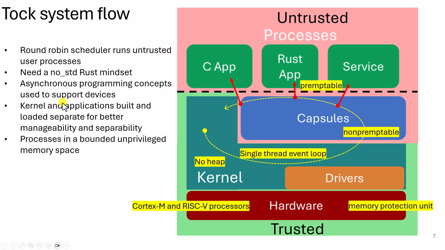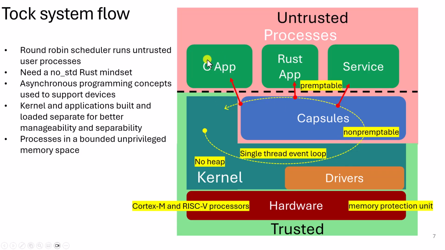In this case, a lot of it is with callback functions. And this is important because a lot of embedded systems problems are ones of I/O constraint and not CPU bounding. And these applications can be compiled separately from the kernel, which allows better management because they can be loaded onto an existing kernel and updated that way.